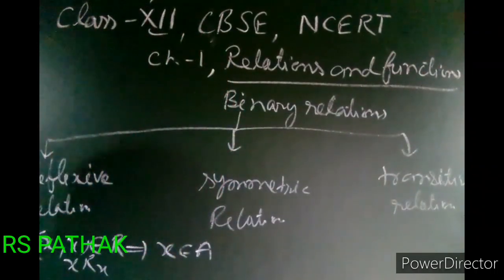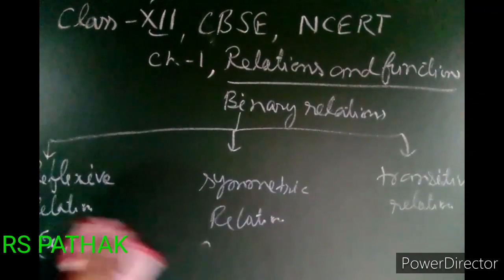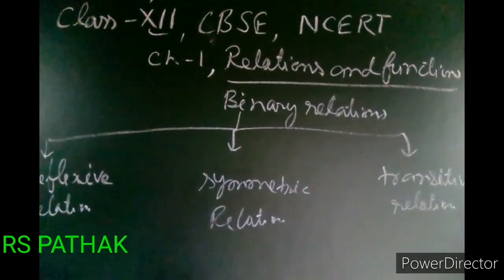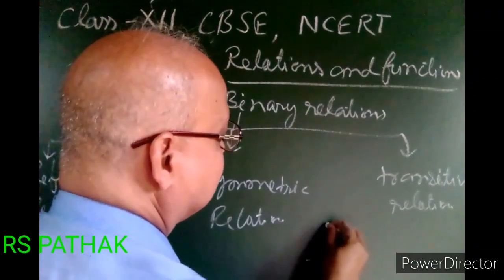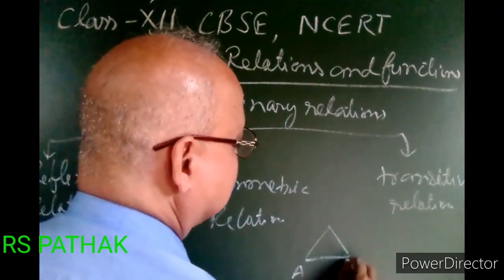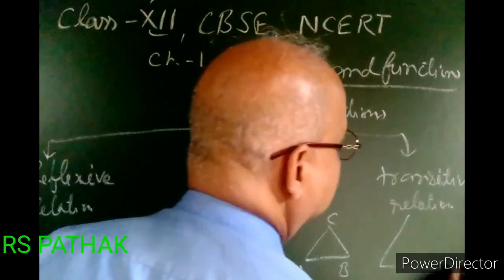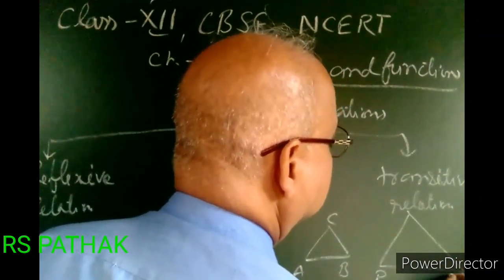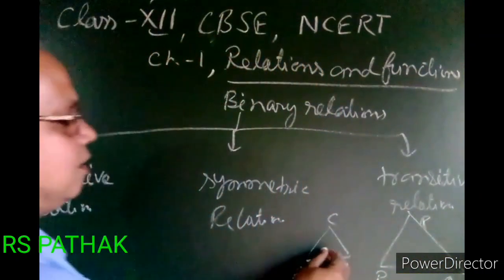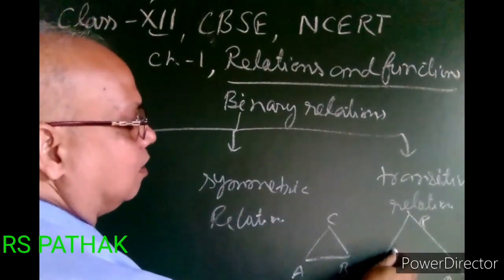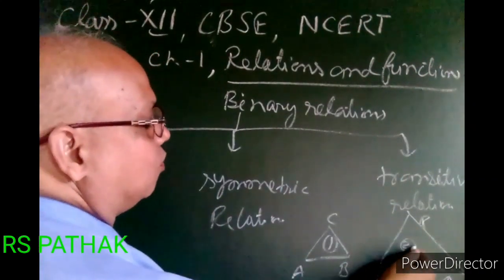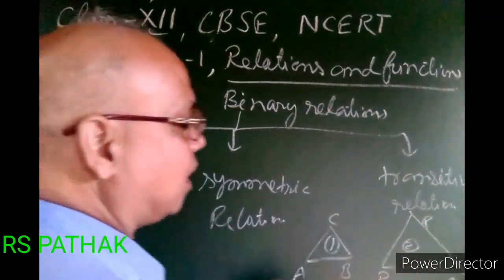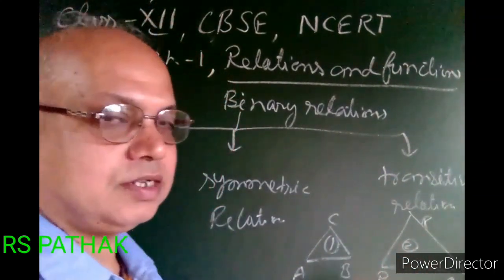Symmetric relation. For example, this triangle ABC and this triangle PQR. Triangle number 1 is congruent to triangle number 2, and triangle number 2 is congruent to triangle number 1. Both triangles are congruent to each other.